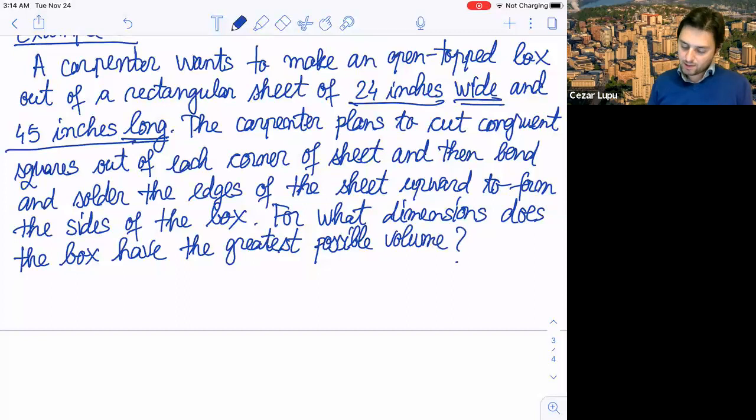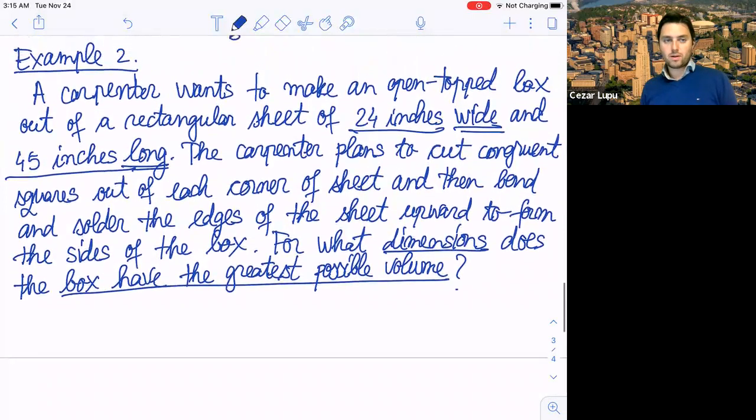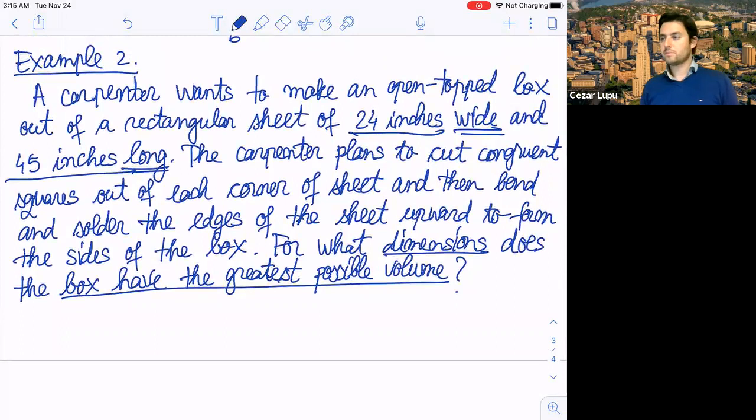So we would like to see what dimensions give the box the greatest possible volume. All right, let me look at the statement again. I think it's correct in my notes. Yep.